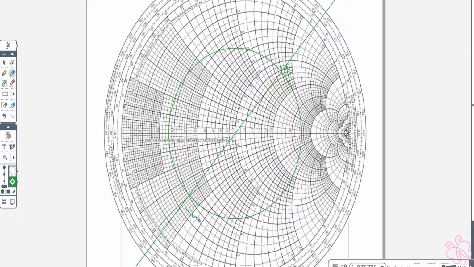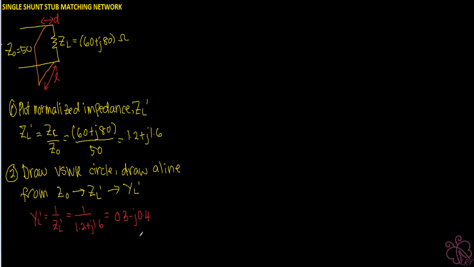If you can see the reading of YL prime, it is 0.3 real part, and our imaginary part is minus 0.4 because it's on the lower side of the circle. As you can see, it's the same as our calculated value, 0.3 minus j0.4. So you are on the right track.